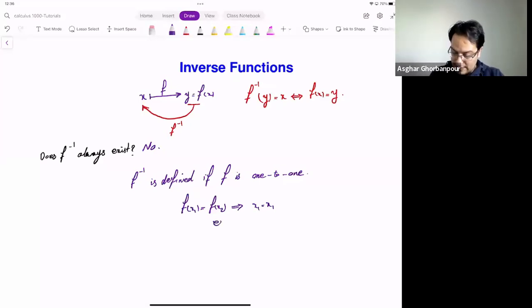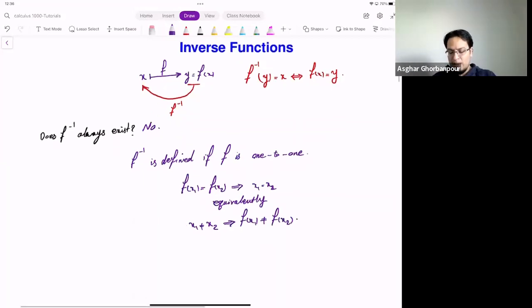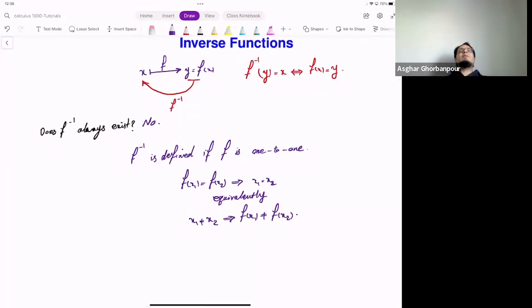Or equivalently, if x1 is not equal to x2, and you plug in two different inputs, then their corresponding outputs must be different. And this way, basically, we guarantee that the reversing process is a well-defined process.